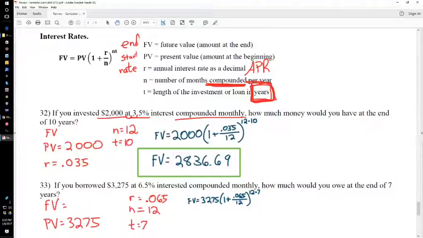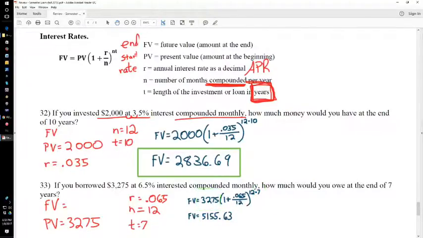And if you calculate that out, you get a future value of 5155.63. So after 7 years, if you borrow that much money for 7 years, that's how much you will owe at the end of 7 years.